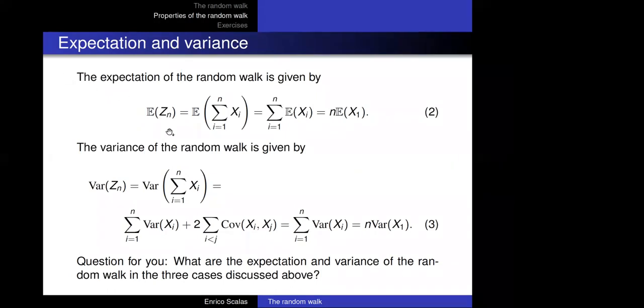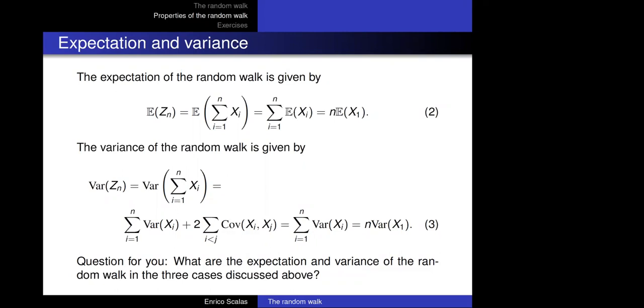The expected value of the random walk is just the sum of the expected values. Remember that the xi's are independent, and here it's not important, but they are identically distributed. So all these values here are equal to the expected value of x1, and you're summing them n times, so you have n times the expected value of x1.